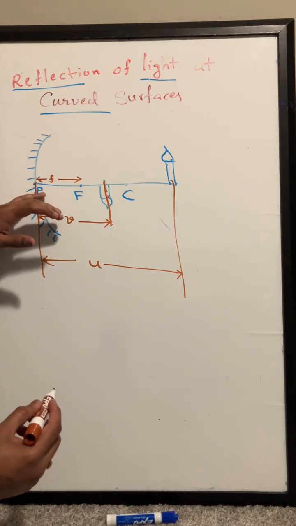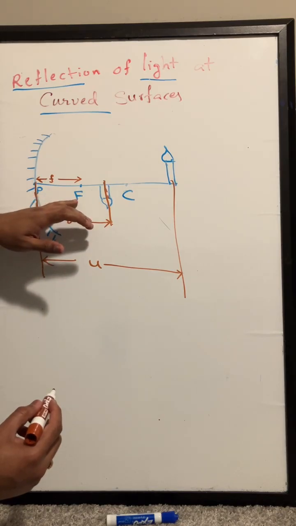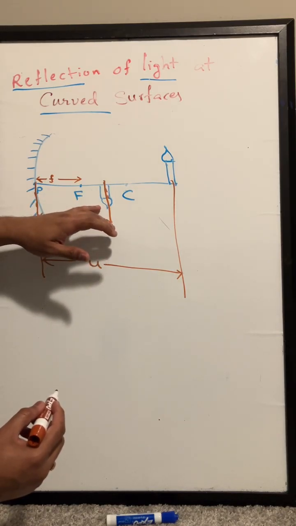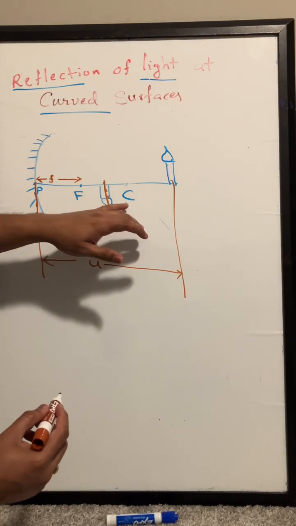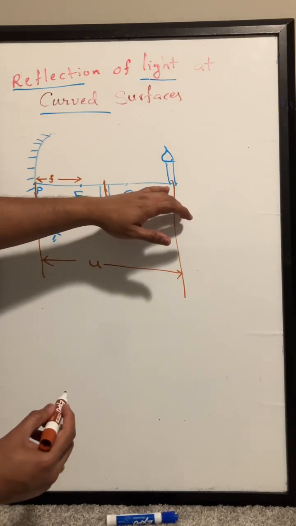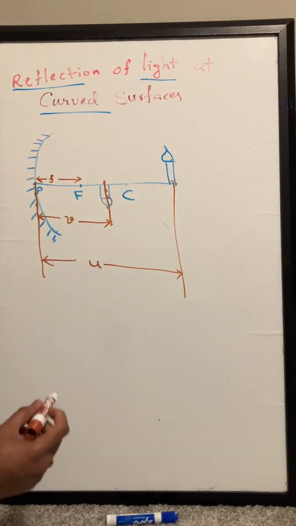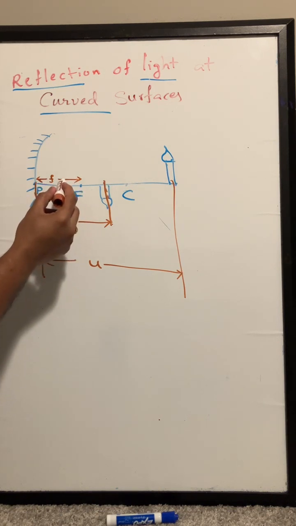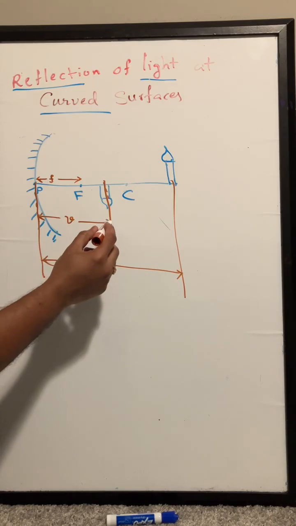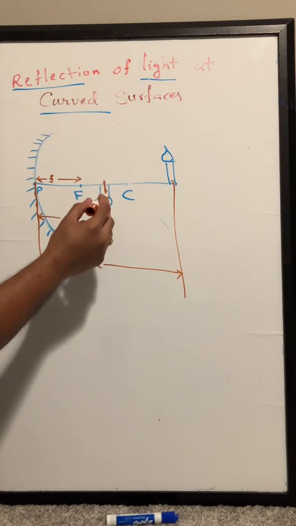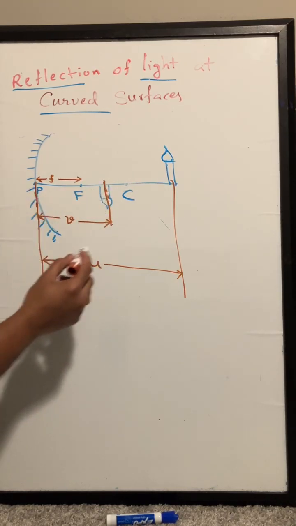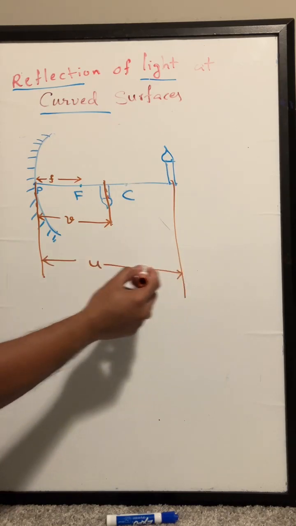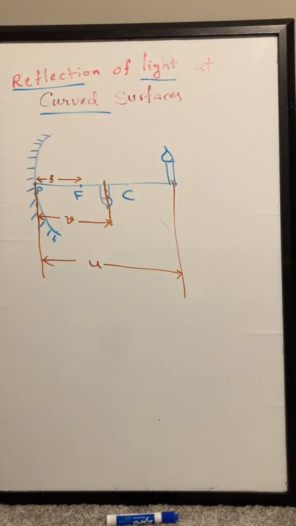Here P is the pole, F is the focal point, this is the image, and this is the center, and this is where the object is. And we previously discussed this is the focal length, that is F, and this is V, the distance of an image from the pole, and this is the distance of an object from the pole, U. Okay, so this is the sign convention.